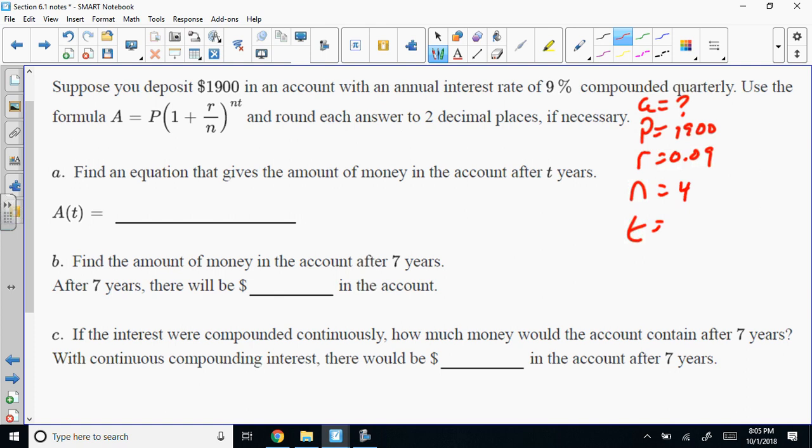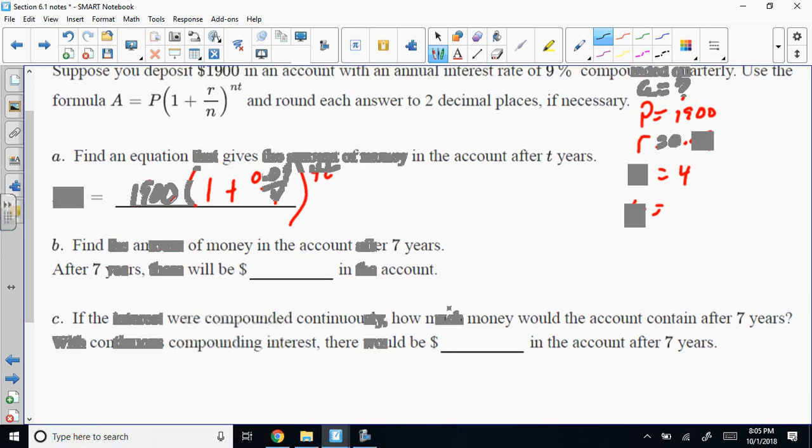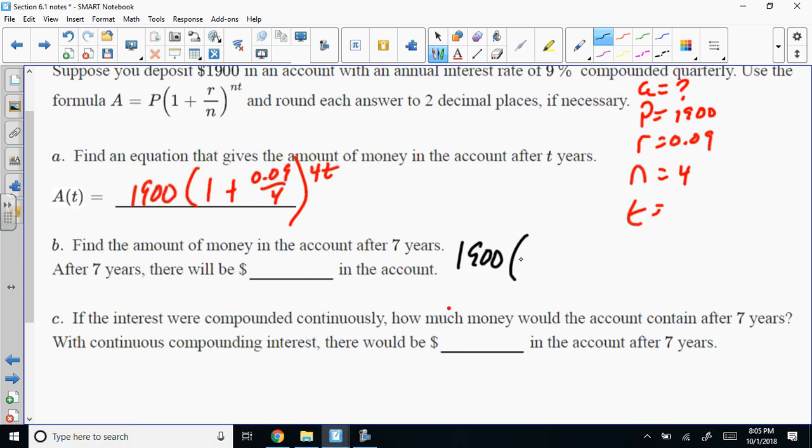So the equation is A equals 1,900 times (1 plus 0.09 over 4) raised to the 4t. And then they want you to find how much would be in the account after 7 years. That's 7 times 4, which is 28.